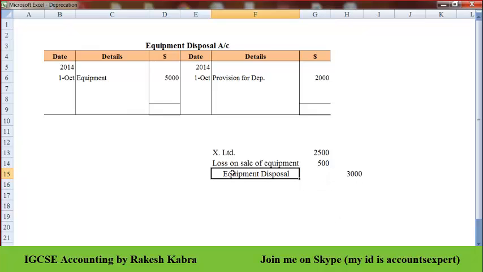Now see, in the entry the equipment disposal account is created, so on its credit side I will write the name of the opposite account. X Limited, how much amount? 2,500. And loss on sale of equipment, how much? 500. And I will put the date, October 1st.